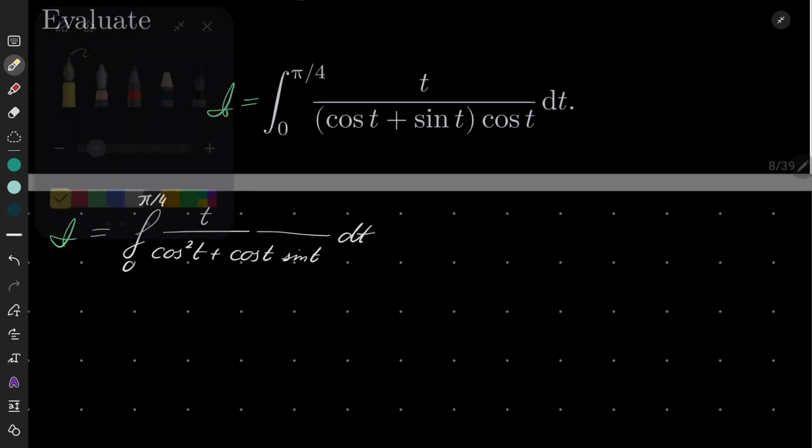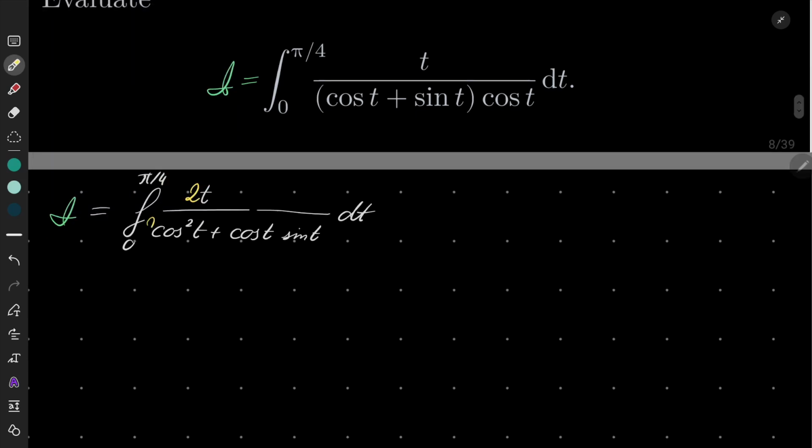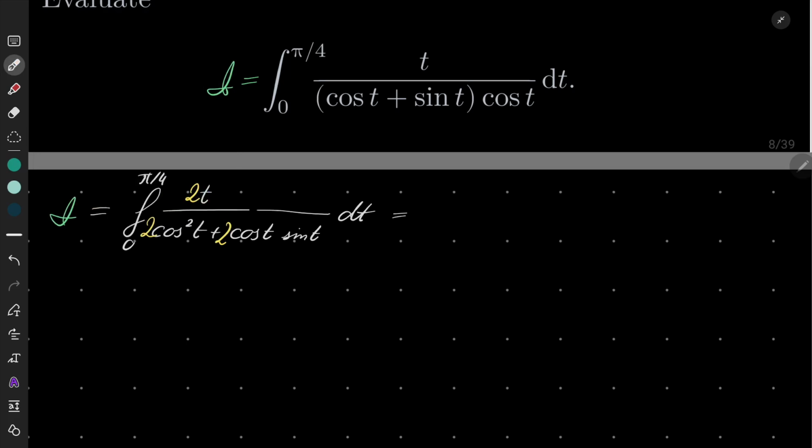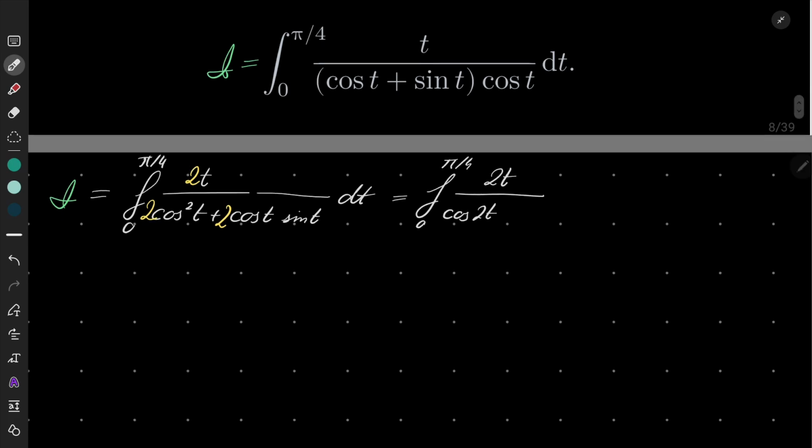And I will multiply everything by 2, both the denominator and the numerator. Now this very same integral can be written in this way: 2t over, well, 2 times cosine squared of t is the same as cosine of 2t plus 1, and 2 times cosine of t sine of t is sine of 2t, dt.